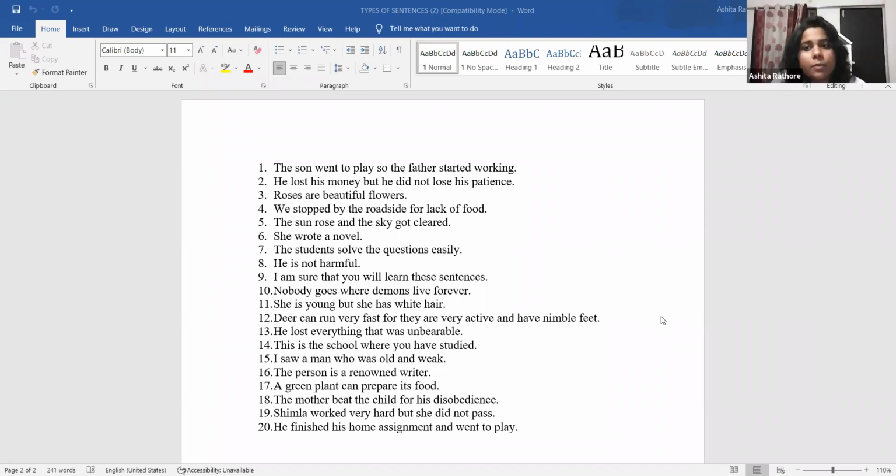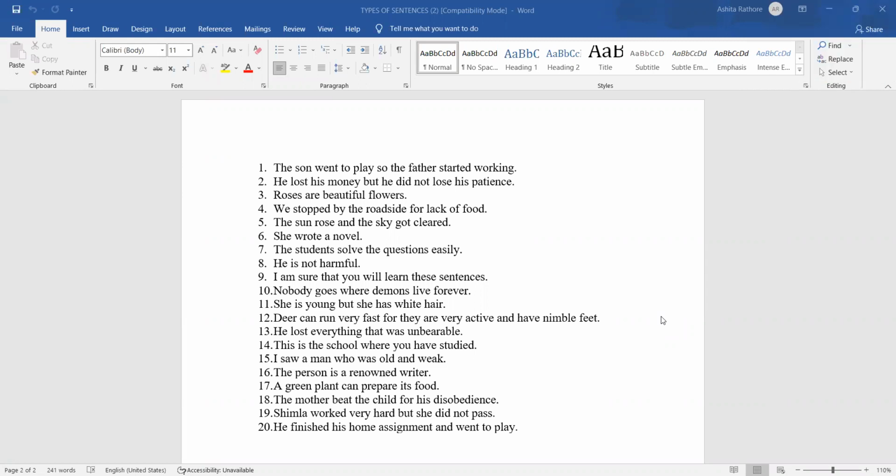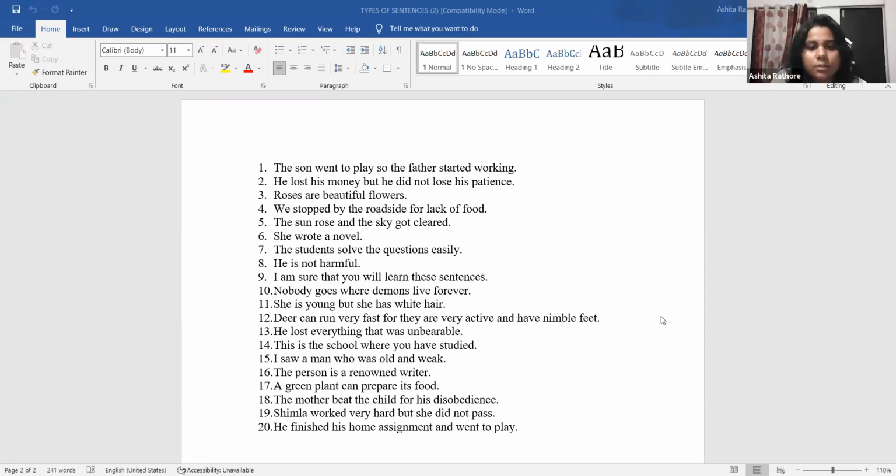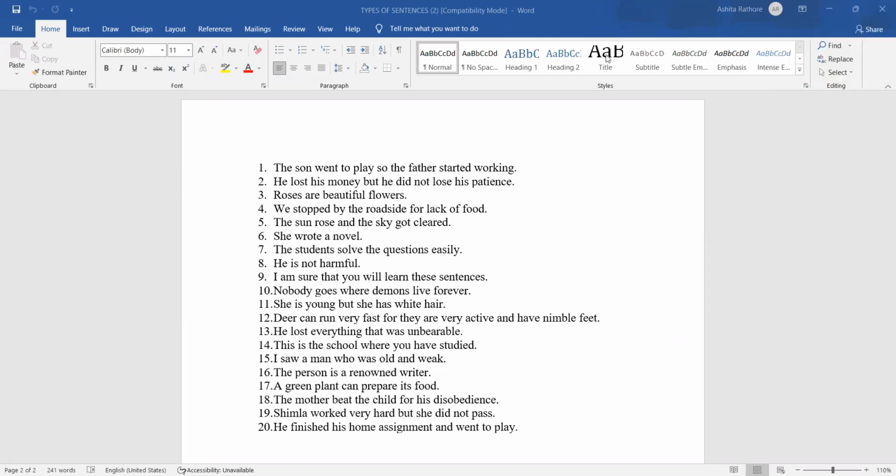Which is the dependent one? Deer can run very fast because they have nimble feet. ये तो तुम नया सेंटेंस बना रही हो. इस सेंटेंस मुझे बताओ. Have a nimble feet.